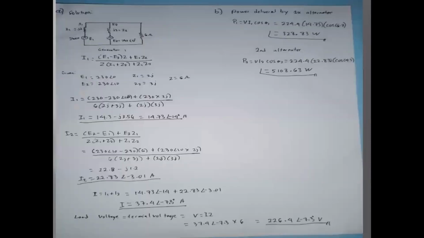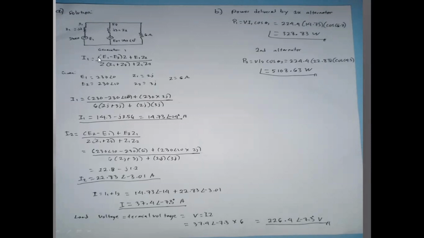Solution: we have Z1, Z2, and currents I1 and I2. E1 is 230 angle 0, E2 is 230 angle 10, and the load is 6 ohms.